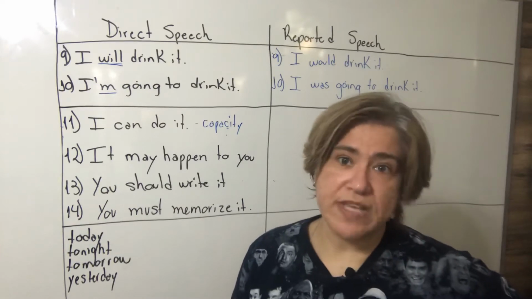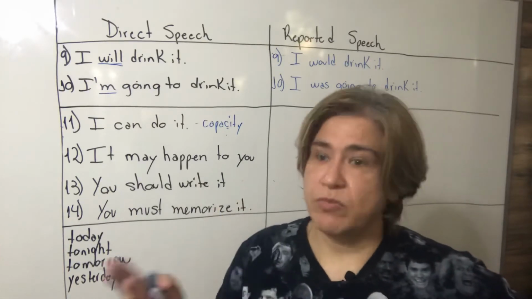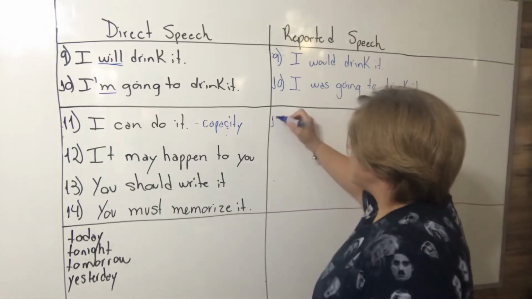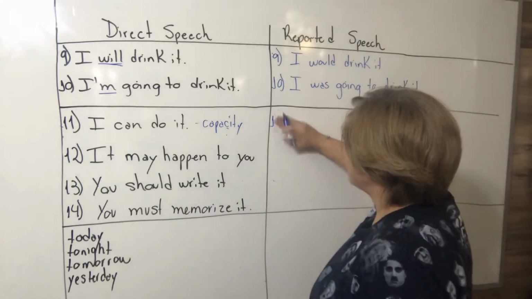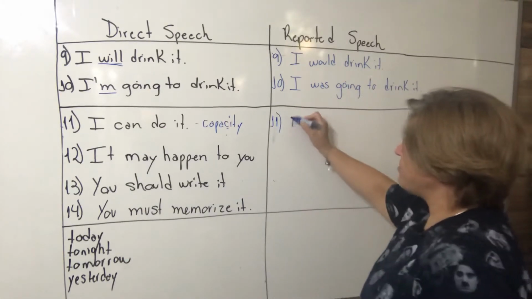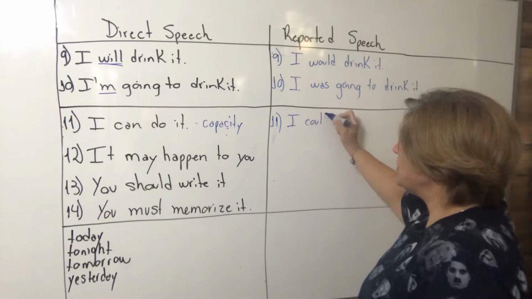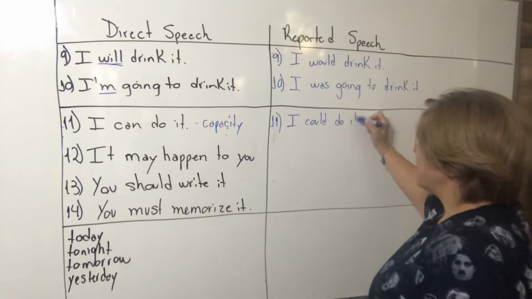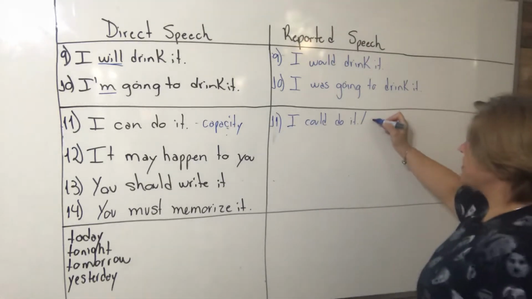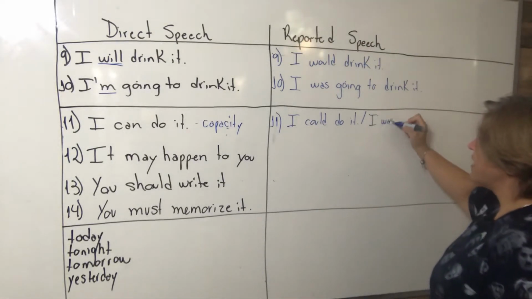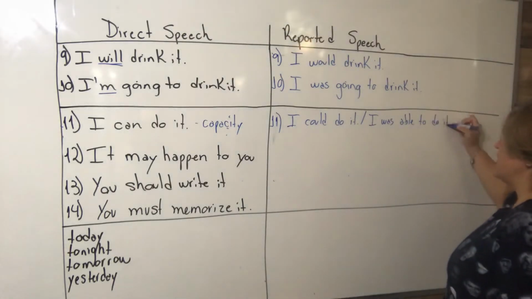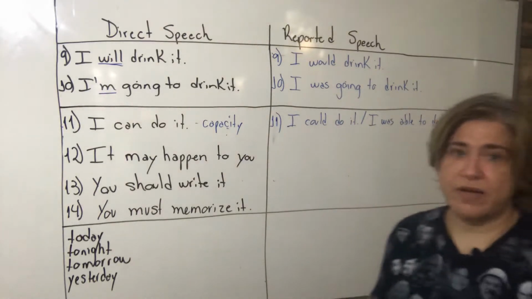You can use was able to. There are two possibilities. Modal verbs have more variety. So, 11. I can do it. The past can be I could do it. Or, since we are talking about capacity, we have the possibility of saying I was able to do it. And it's the past as well, okay?